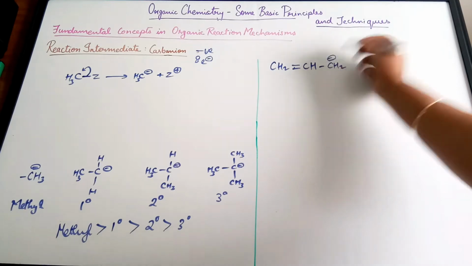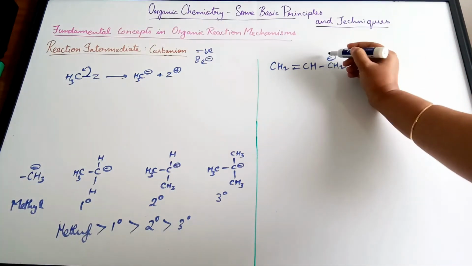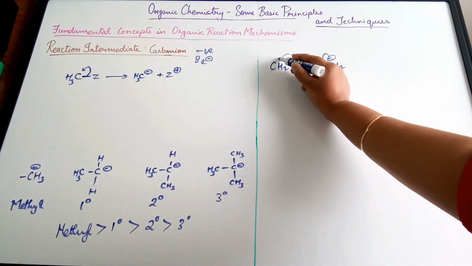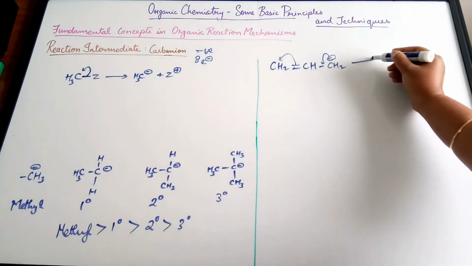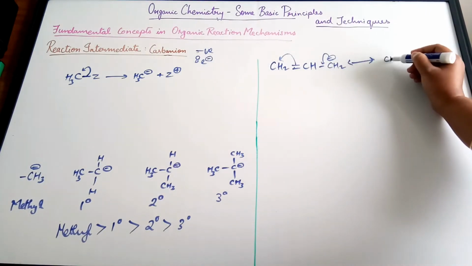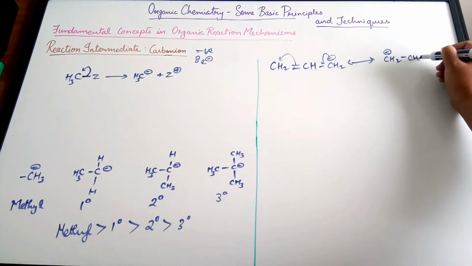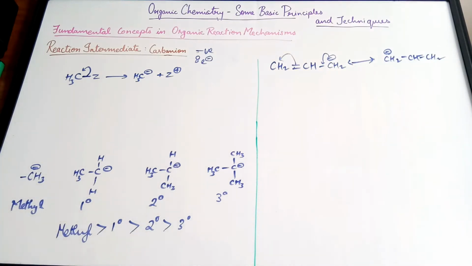This is an example of an allylic carbanion. So here this negative charge is going to shift to form a bond, and this bond, to maintain the tetravalency of carbon, is going to shift to that carbon atom. This leads to a negative charge here, and CH double bond CH2. This leads to the formation of resonance structures.